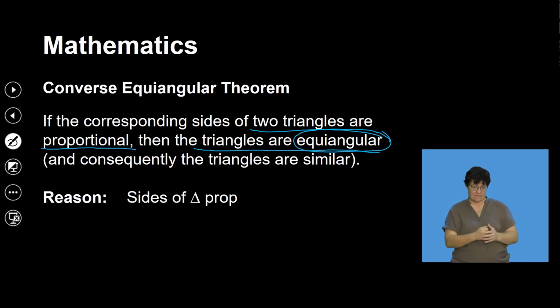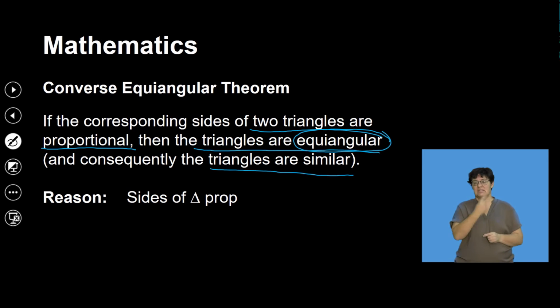And consequently, we then say that those two triangles are similar to each other. Why? Because the corresponding sides are proportional, which makes the angles equal, and then we claim that they are similar to each other. And normally our reason is sides of triangles in proportion.